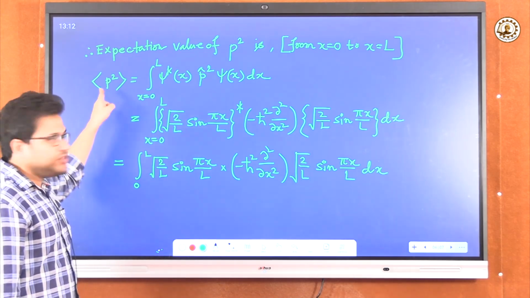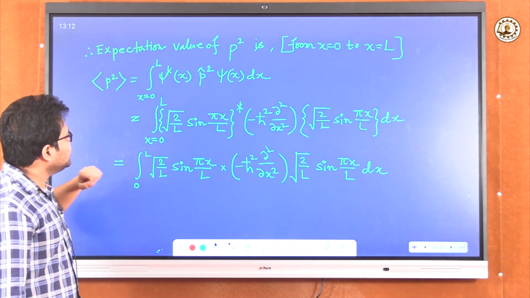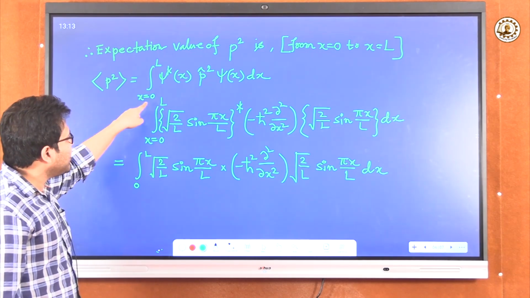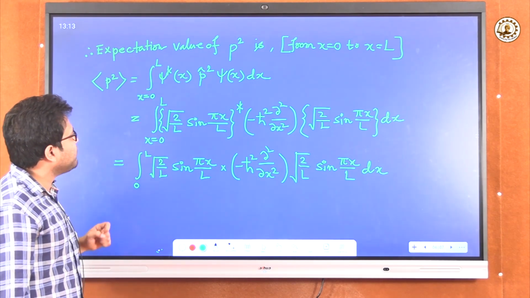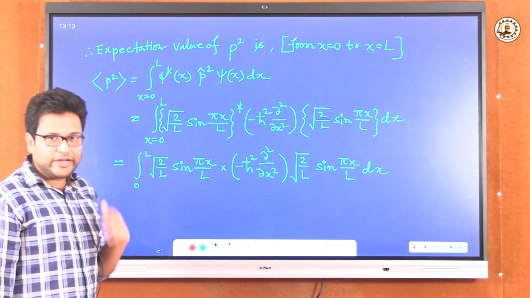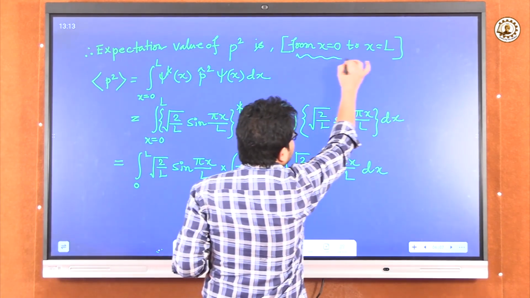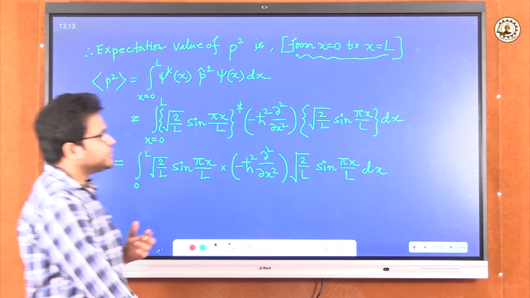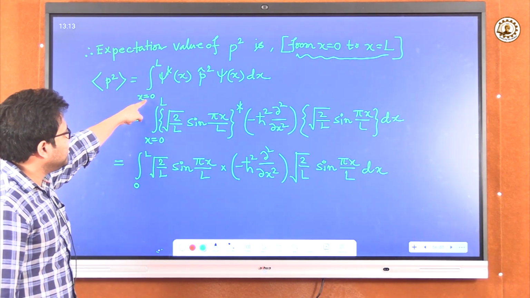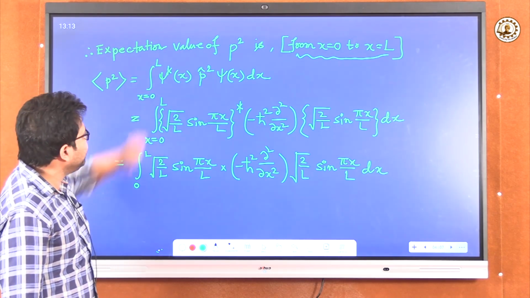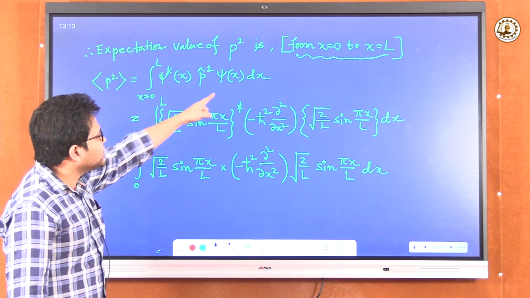So the expectation value or the average value of p squared equals the integral, where the lower limit I have set as x equals 0 and the final limit as L, because we are going to find the expectation value for this specific range from x equals 0 to x equals L, of chi star x, p cap squared, chi of x dx.